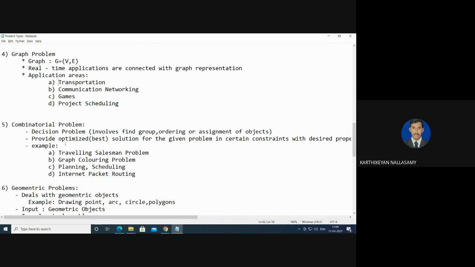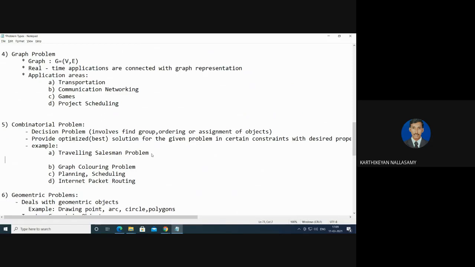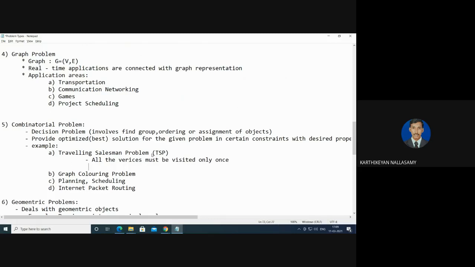For example, take the traveling salesman problem, TSP. The constraints for the traveling salesman problem, normally represented with graph notation, are: all the vertices must be visited only once, and the input must be a weighted graph, which may be directed or undirected.